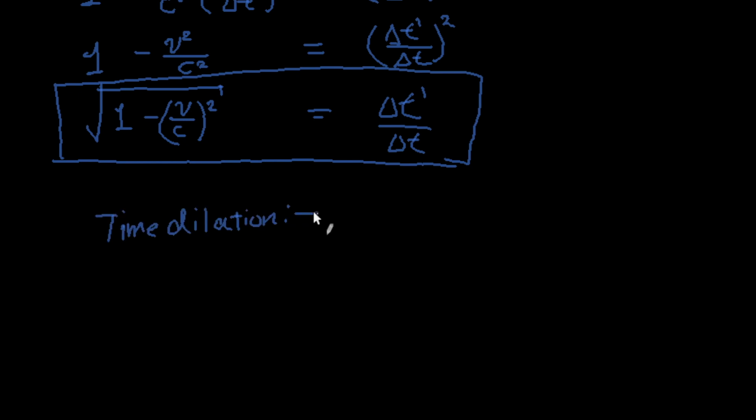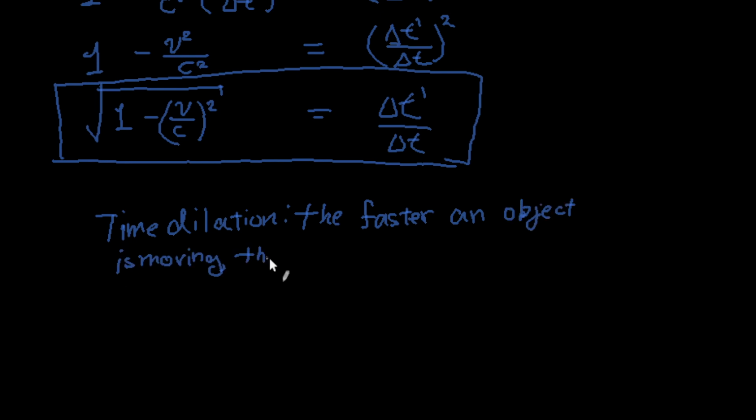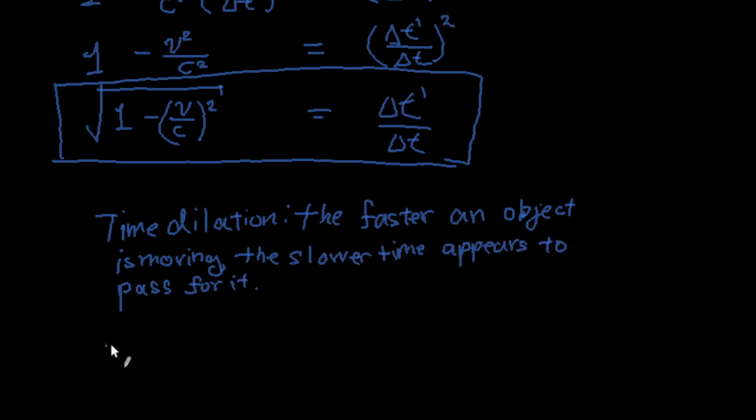The faster an object is moving, the slower time appears to pass for it. And we can denote this time dilation factor, delta t prime over delta t, as equal to gamma to the minus 1.